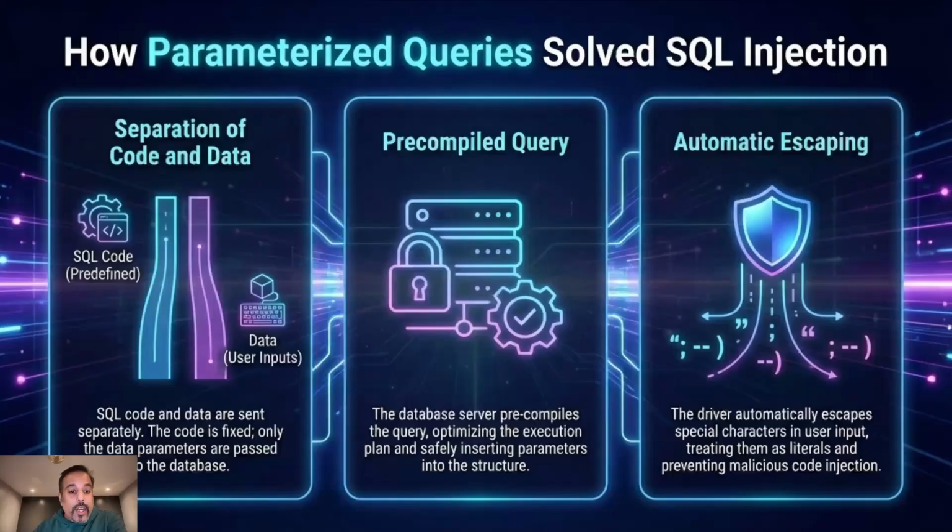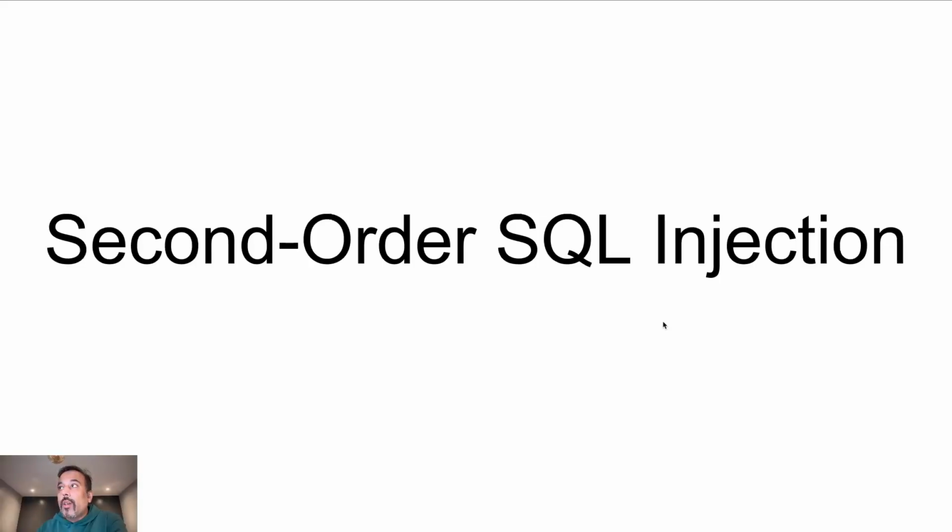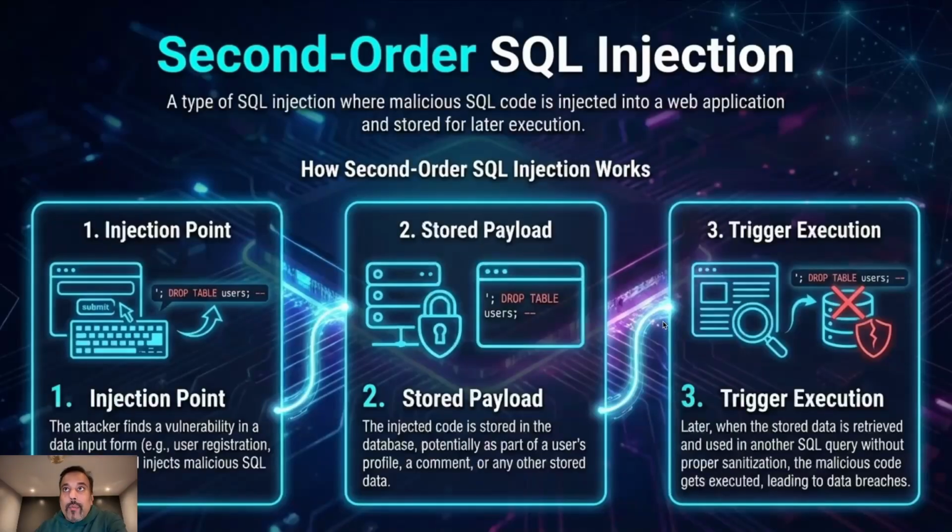Let's have a look at the second one, which is second order SQL injection. Most of the time, people confuse second order SQL injection with stored cross-site scripting as well, rightly so. So first, let's understand what second order SQL injection is and how it is different from stored cross-site scripting, which I will cover today as well.